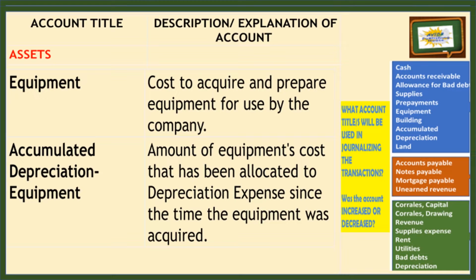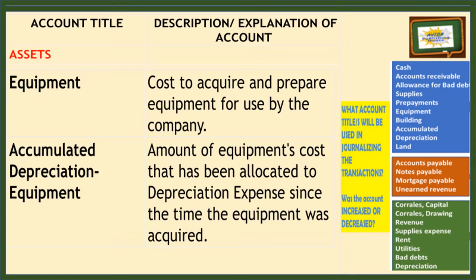And then it has its corresponding accumulated depreciation. Accumulated depreciation is the amount of equipment cost that has been allocated to depreciation expense since the time the equipment was acquired. When you buy equipment, every year you recognize depreciation expense.